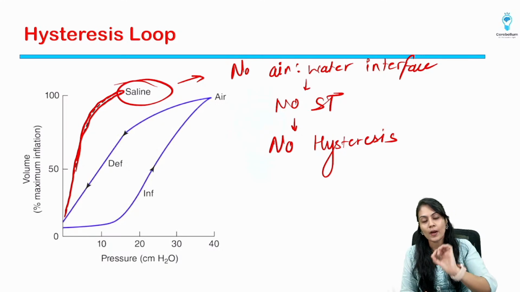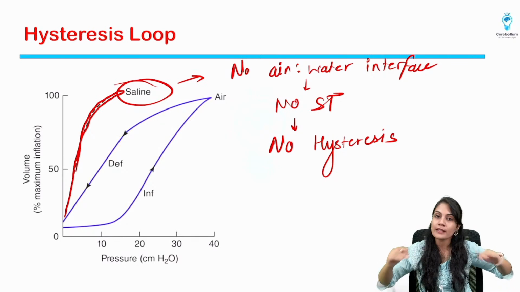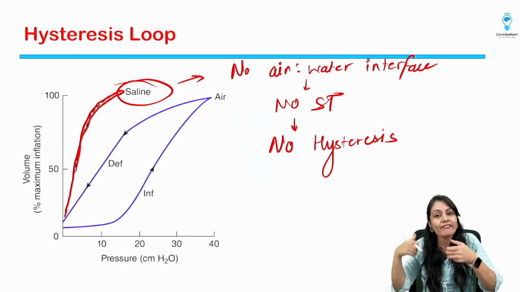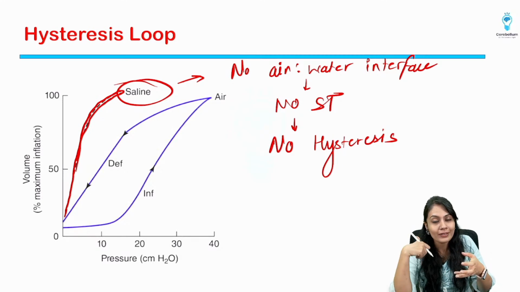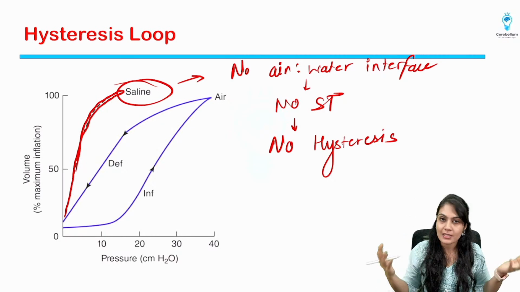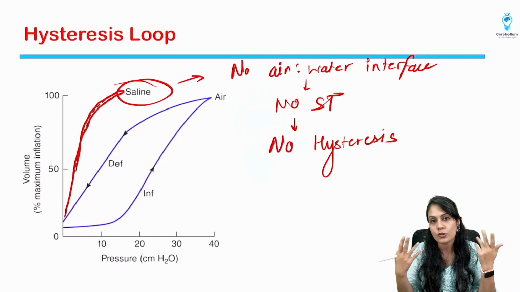Right? So that's why it's very, very important to clear your basics. If you know that this is because of the air-water interface, and now I'm filling the lung or the alveoli with saline, I'm going to remove all the air and put saline into it. If I put saline, there is no air-water interface, which means there is no surface tension.